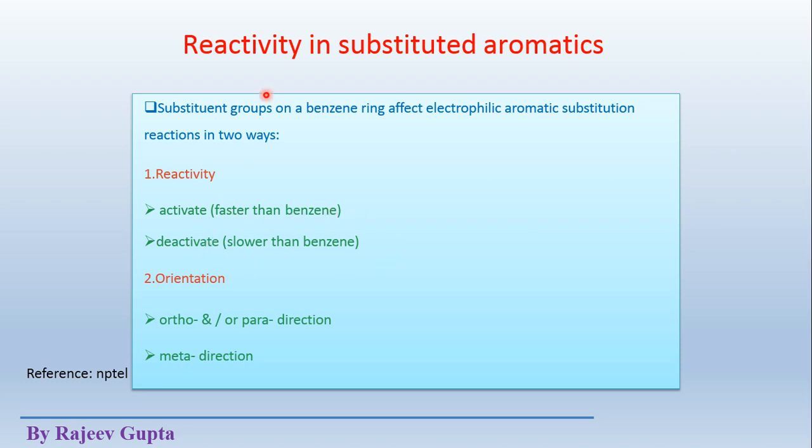So these types of substituents will be called deactivating substituents, which deactivate the aromatic ring system. Now orientation means that the already attached substituent will decide whether the incoming electrophile will attack on the ortho position, para position, or meta position. That depends on the property of that substituent.